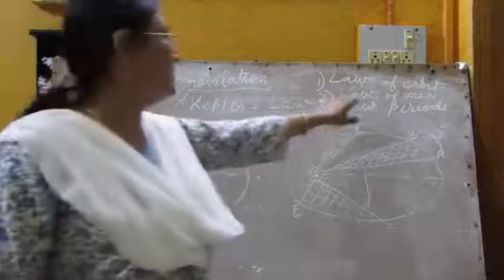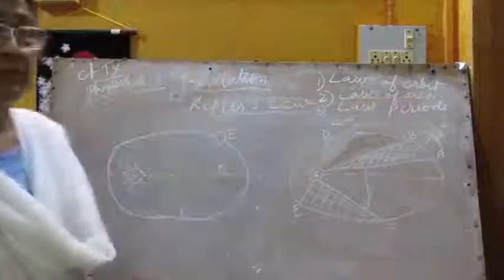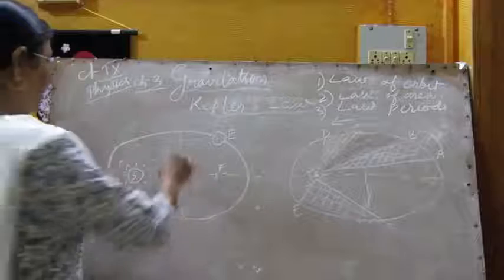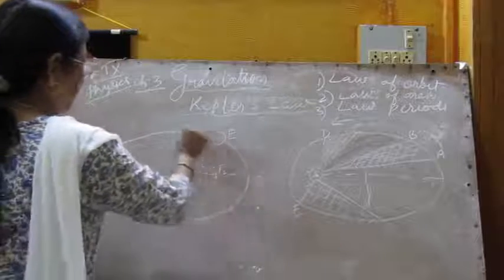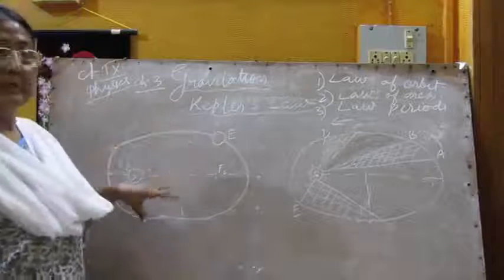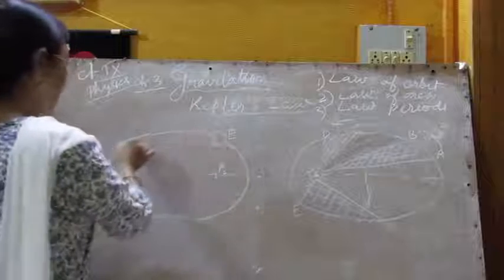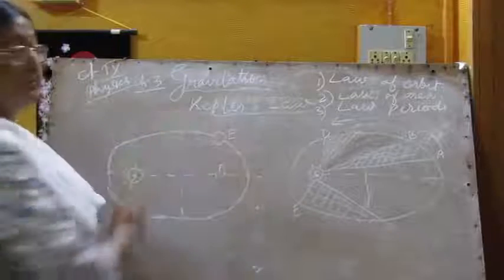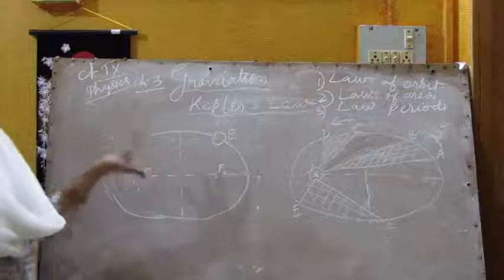The second law is the law of areas. What is the area? See, since the path is not circular, the velocity of the planet throughout the elliptical orbit is not constant.